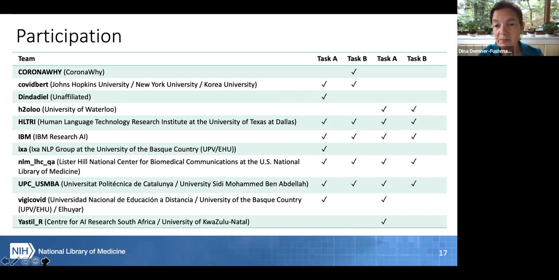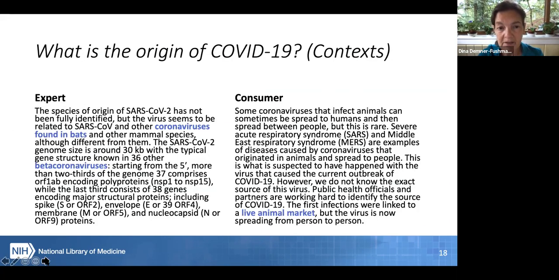So these were the systems that contributed their answers for the assessors. And then the assessors created their answer keys and then went back and annotated the nuggets in each answer.